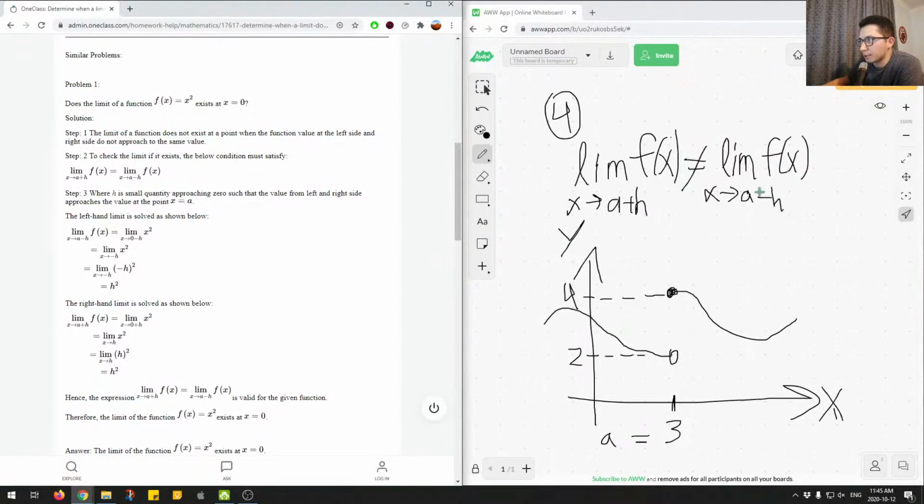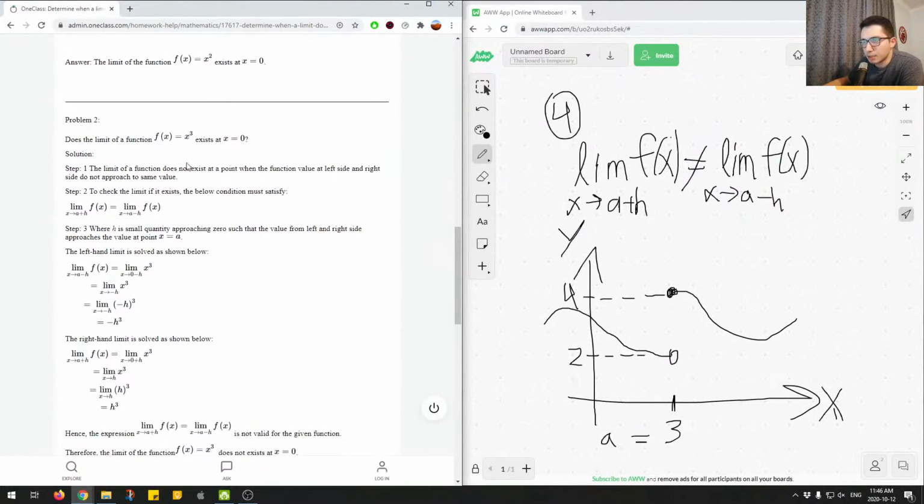So they did the limit with first principles. And for this example, they're doing the limit on the left side, and they end up with h squared. So h squared is equal to h squared. Therefore, the limit does exist at x equals 0.